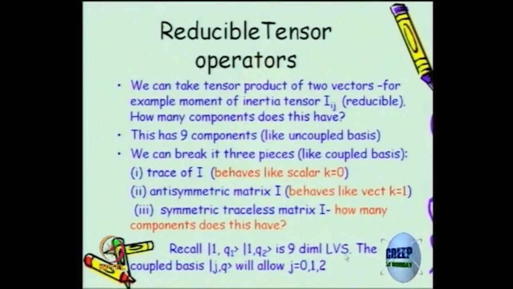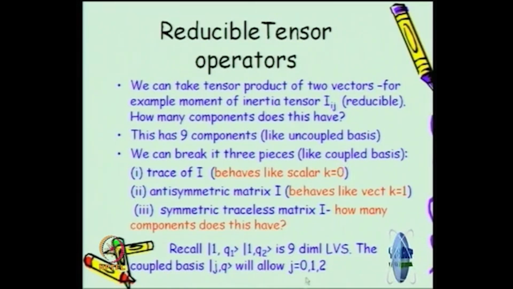Right? So it is 5 components. So once I get 5 components, you can see a resemblance. When I took a tensor product of 2 spin 1 states, which was 9-dimensional, the allowed J values are J1 plus J2 to J1 minus J2. So it is 0, 1 and 2.